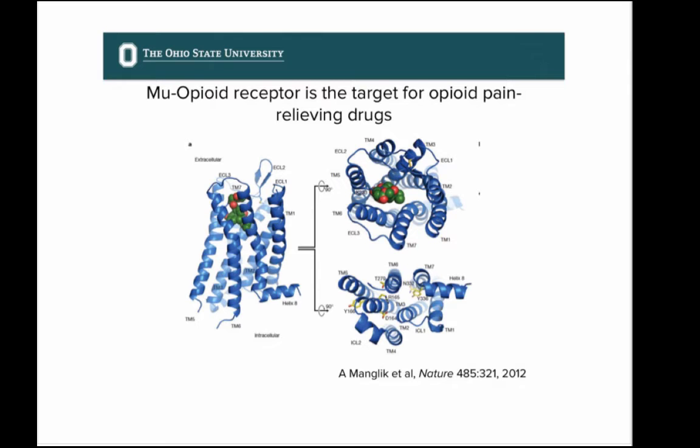So it gives you an idea of how big the target receptor protein is compared to the small size of the drug, and gives you an idea that these receptors are transmitting signals across cell membranes.